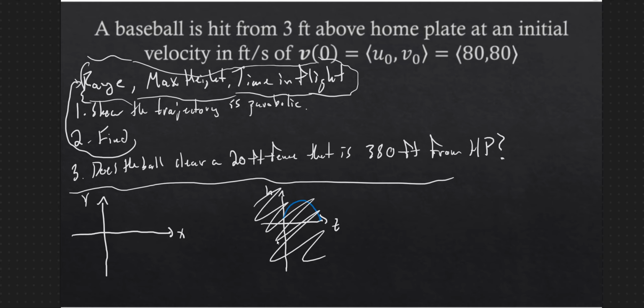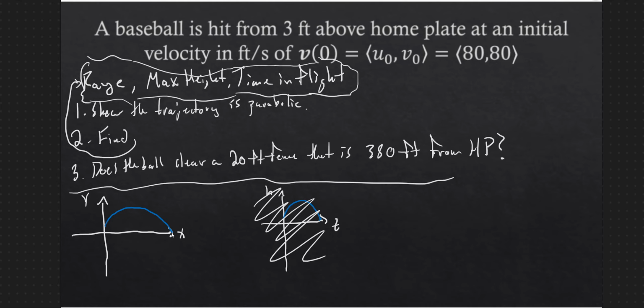When I think about trajectory, I want to think about if I actually see this object moving. So if I'm facing the plane in which the object is moving, and I let this be the x direction and this be the y direction, I want to see the parabola here when I graph it on these sets of axes, x versus y. That's the idea. So how do we show this?